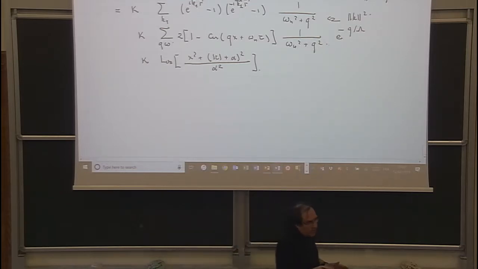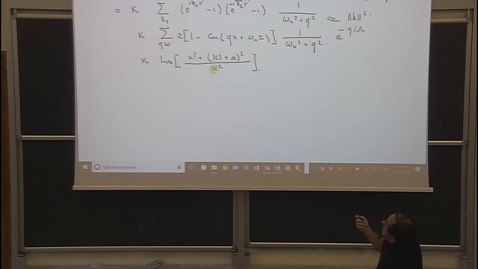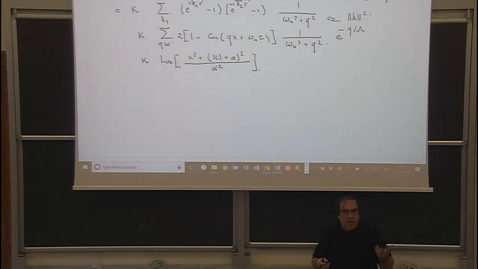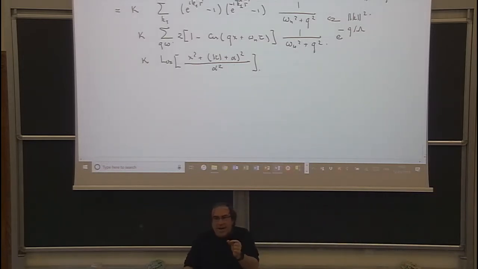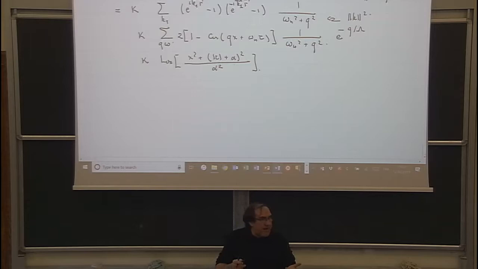So to cure this unphysical divergence, I should put a cutoff at large q, and what I call alpha is essentially 1 over lambda, 1 over the cutoff. So think about alpha as a kind of short distance cutoff, a lattice spacing, a distance between particles below which this continuum description is not valid.